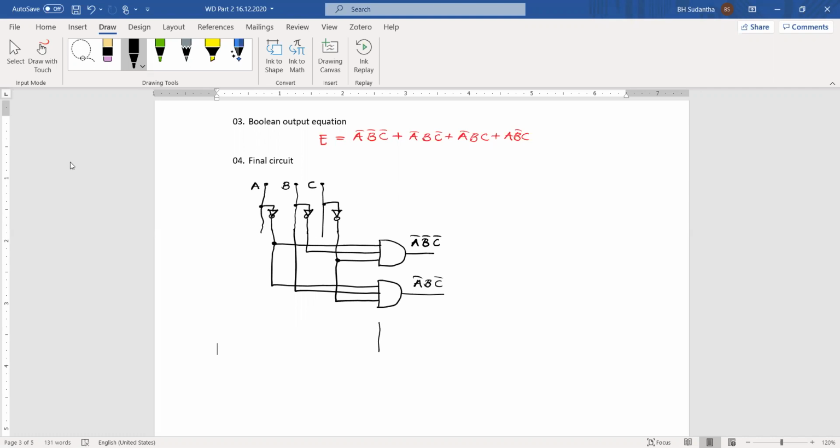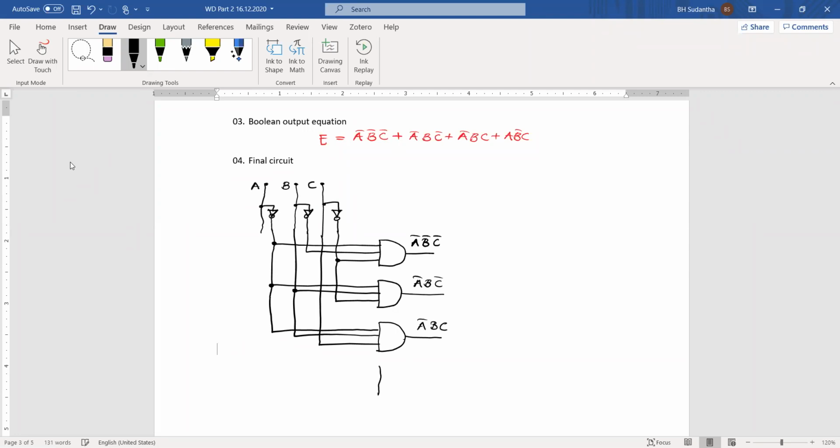Third one, A bar. Here we have A bar and BC. B is here and C. This is A bar, BC.